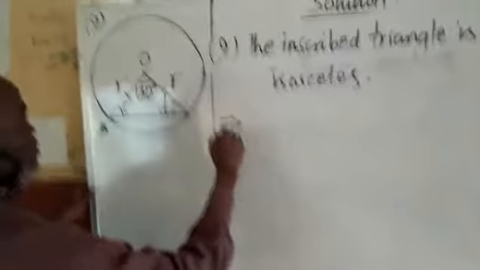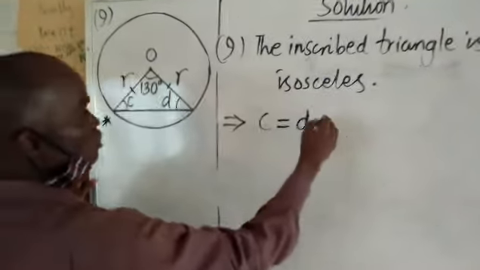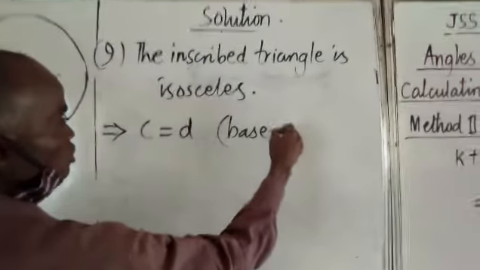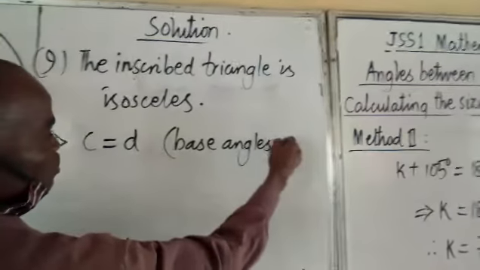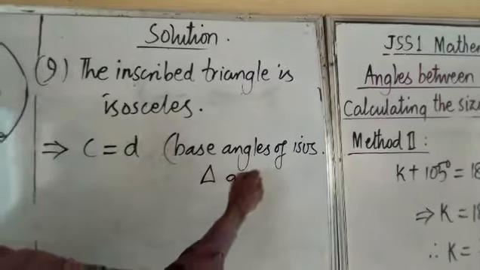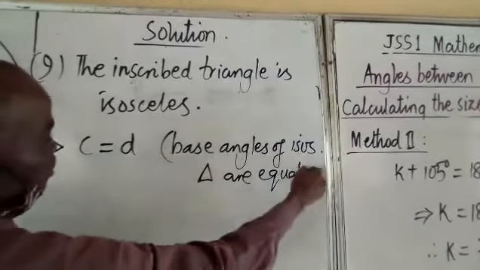That implies that C is equal to D. Base angles of an isosceles triangle are equal.